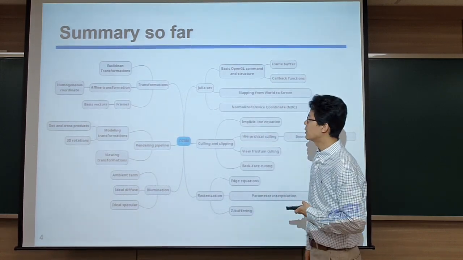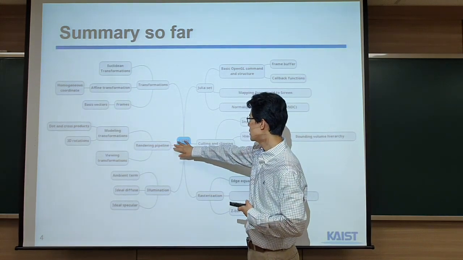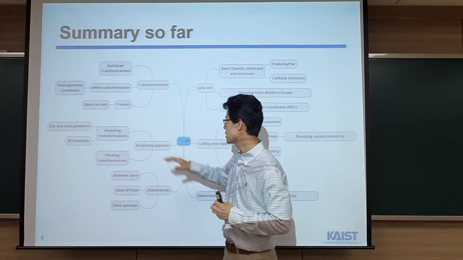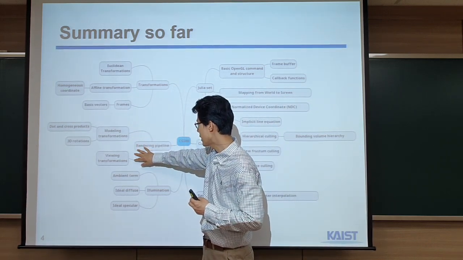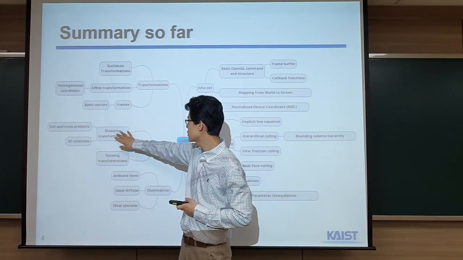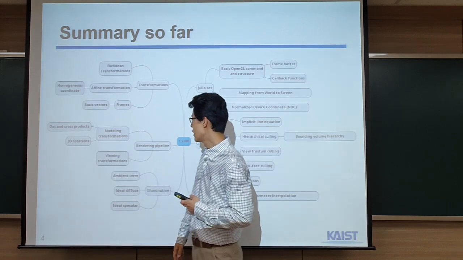Along that line, we also talked about homogeneous coordinates, which are also related to projection. Then we defined the frames with some basis vectors. And then we moved to the rendering pipeline. Along the rendering pipeline, we dealt with a lot of transformations, like the modeling transformation and viewing transformation. Along the modeling transformation, we talked about the dot product, cross product, and discrete rotations.